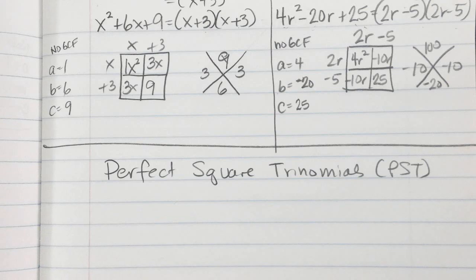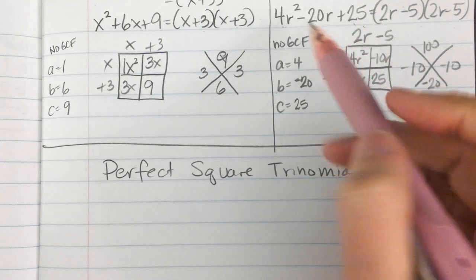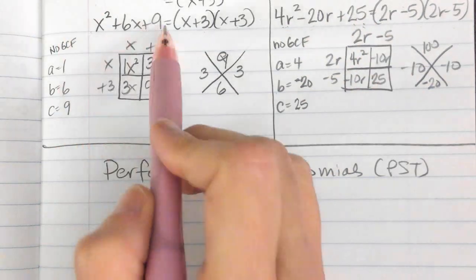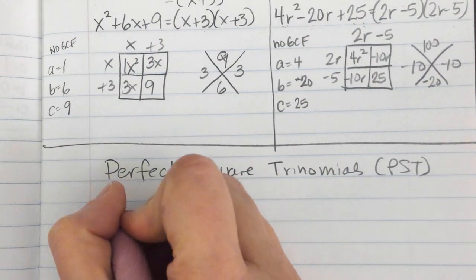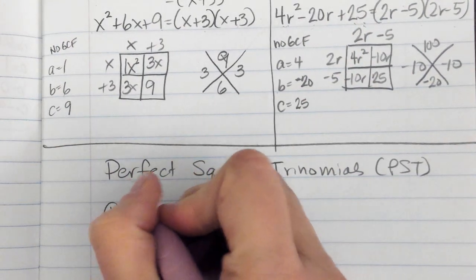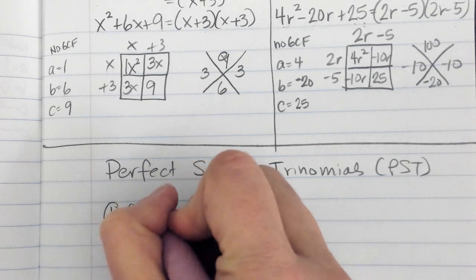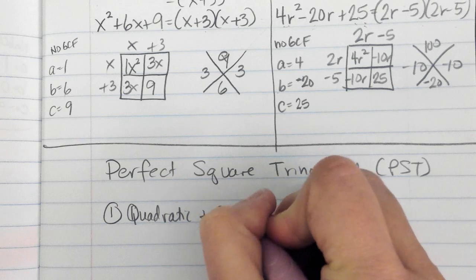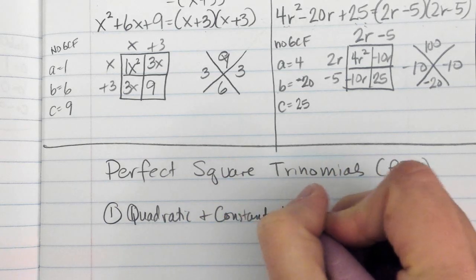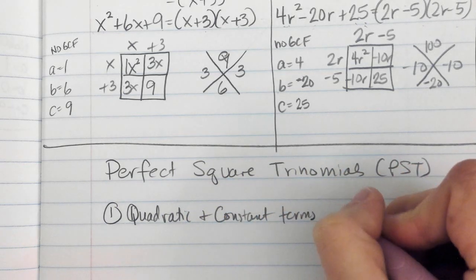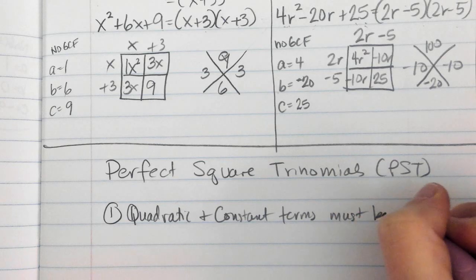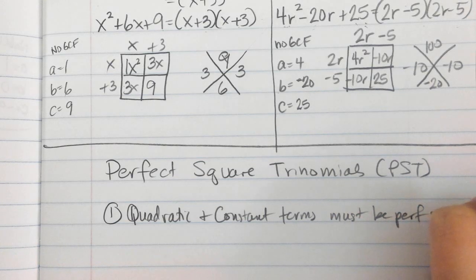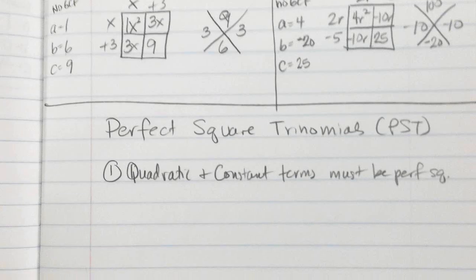All right. So when we look at this, there is a pattern. First of all, the first and last term in the trinomial, the quadratic and the constant terms, must be perfect squares. Okay?